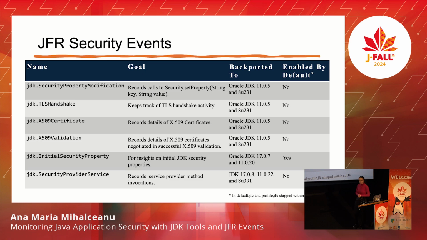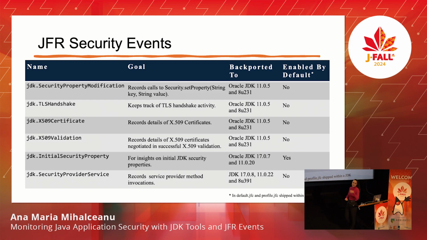One for TLS handshake, for supervising successful TLS handshakes and recording information about that. And 2 of them connected to the X509 certificates, one for recording details of the X509 certificates that are in use by your application, and the other one recording the successful validation of those certificates, so the entire validation chain that it goes through to validate that certificate that you are having in your application.